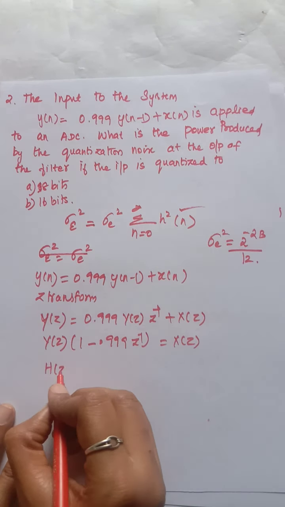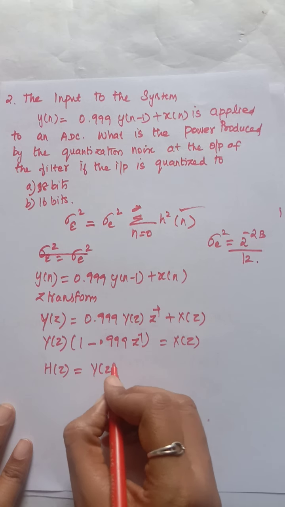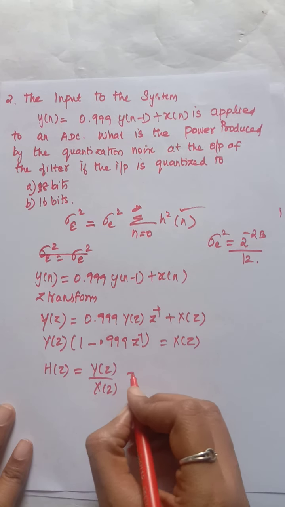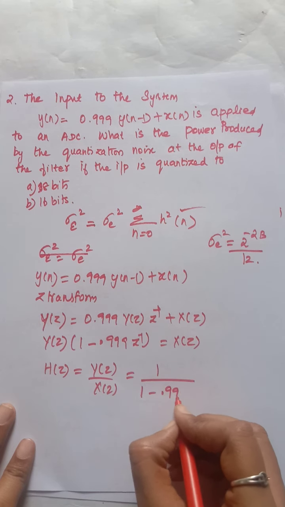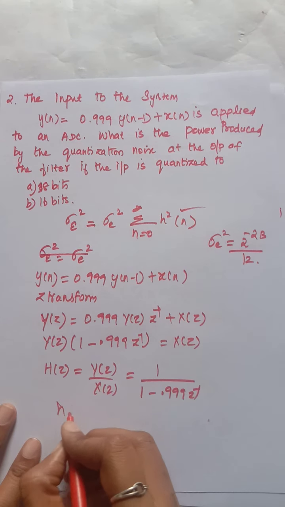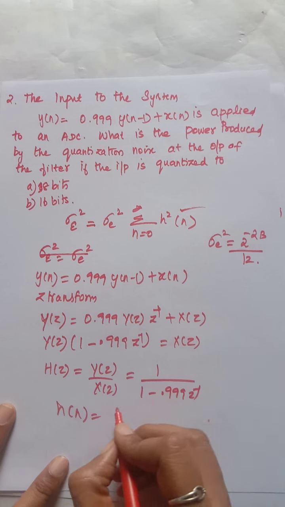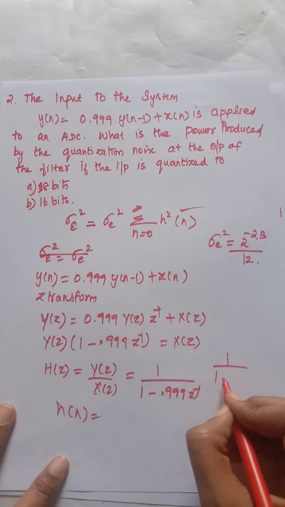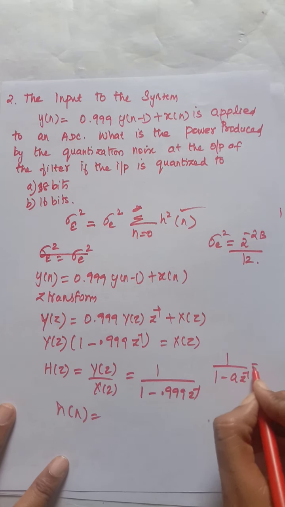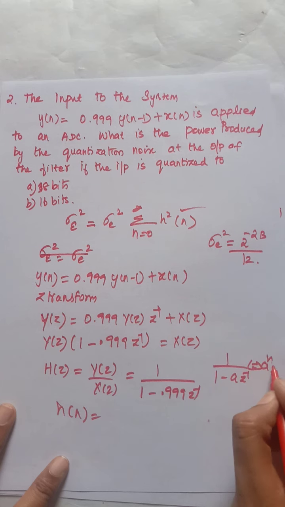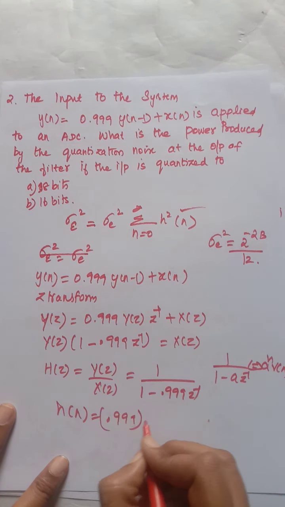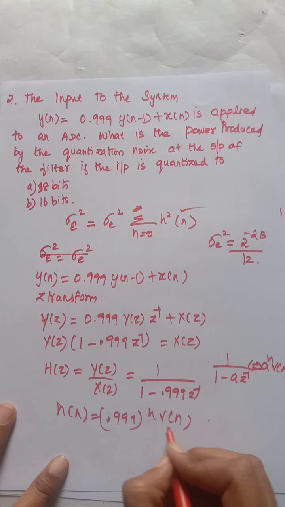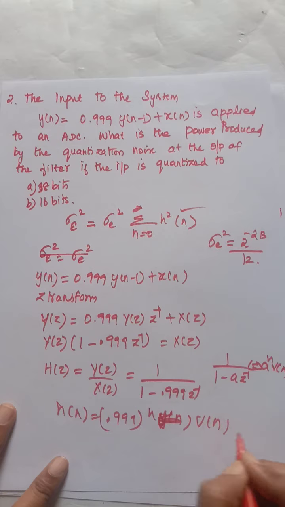So H of z is equal to Y of z by X of z, which is equal to 1 by 1 minus 0.999 z inverse. Taking the inverse transform, 1 by 1 minus a z inverse has the transform a power n u of n. So here h of n is 0.999 power n into u of n. This is the inverse z transform result.